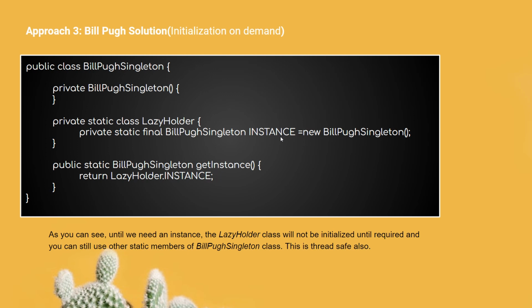Here, when the singleton class is loaded, the inner class is not loaded, and hence doesn't create the object when loading the class. The inner class is loaded only when the getInstance method is called. So it may seem like eager initialization, but it is lazy initialization. And this is one of the best approaches I can see till now, right?